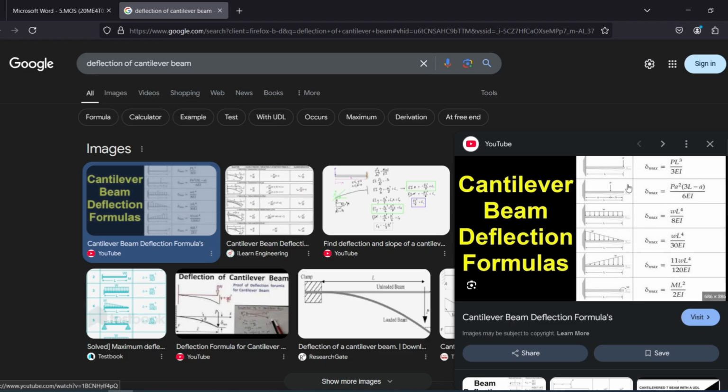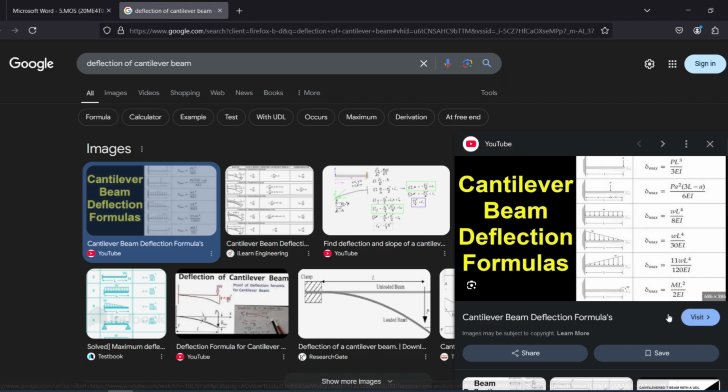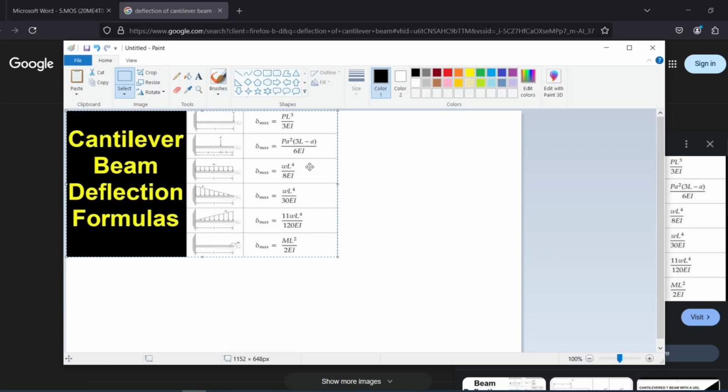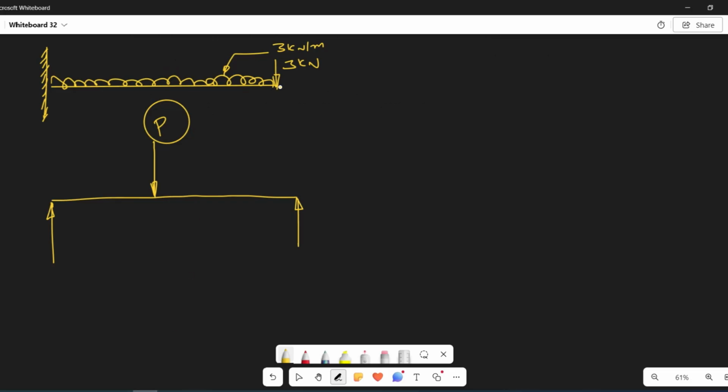See here, when there was a point load, there is a deflection, and when there is a UDL, there is a deflection too. So in our case, we have a UDL as well as a point load.